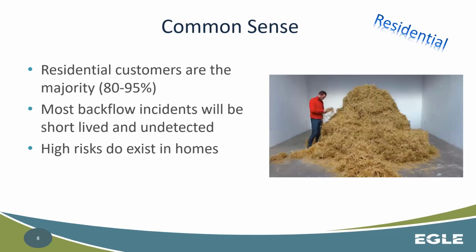And that kind of makes sense, because if you look at your system, the majority of your users, just by the numbers, are going to be residential. This is going to vary from system to system, but generally you're going to be looking at 80+%. Most of the final destinations, most of the points of use that you have your water going to, are going to be households.